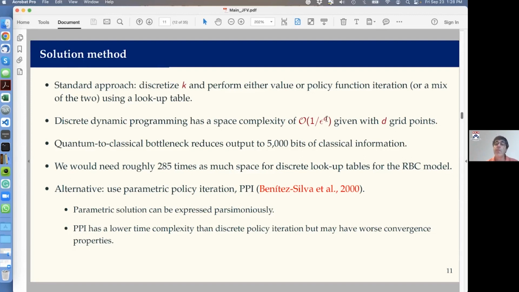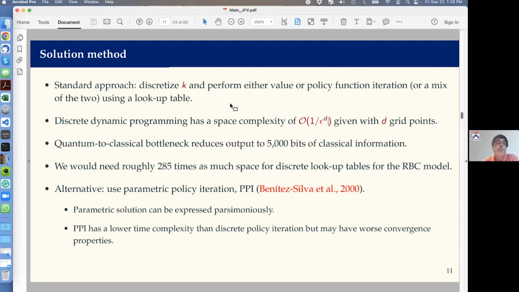And now you can see why this is a problem for us as economists. Because if you have many, many state variables and you want to have just a few grid points in each dimension, d is going to grow exponentially, which means that since this is in the denominator, you will have a very big O bound. But it's also a problem for trying to take this problem to quantum hardware.